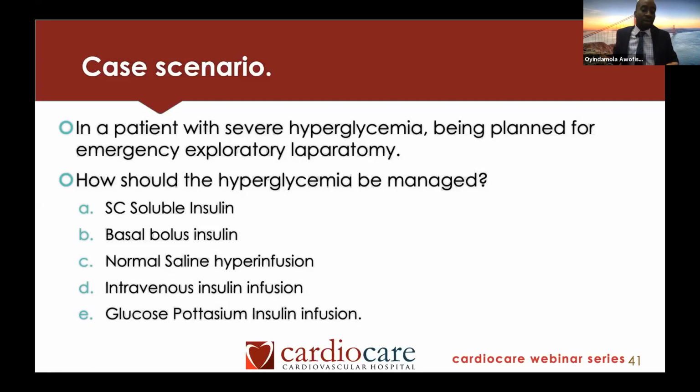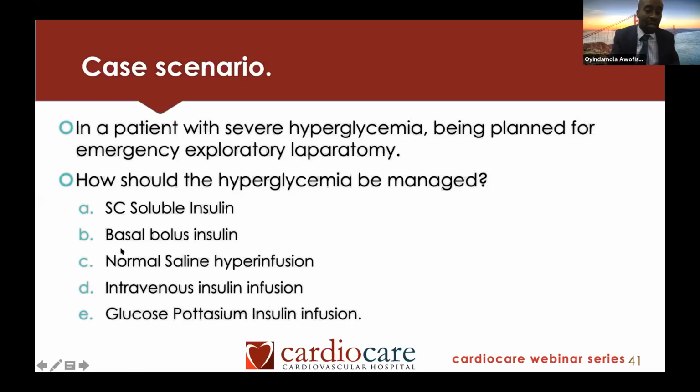But if you actually have all the facilities, for example, if you're in Johns Hopkins Hospital or Cardiocare, you can use intravenous insulin infusion using a syringe pump. But in the absence of that, GKI will be the next best option.